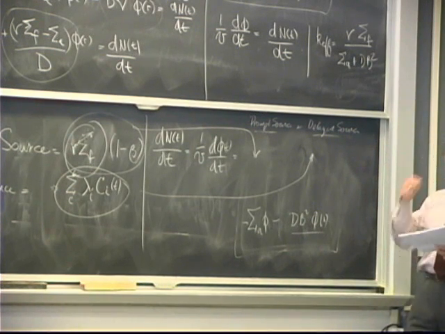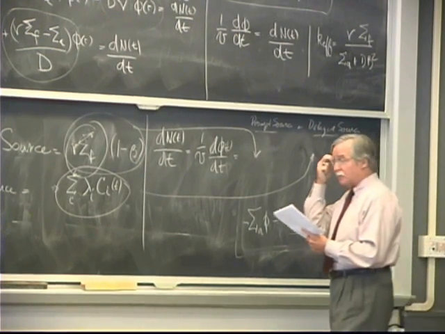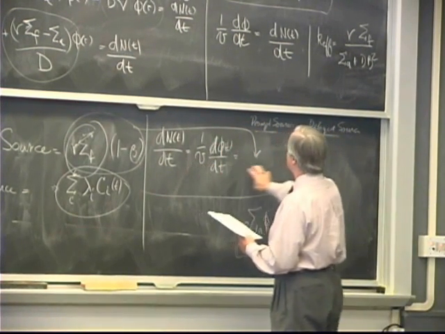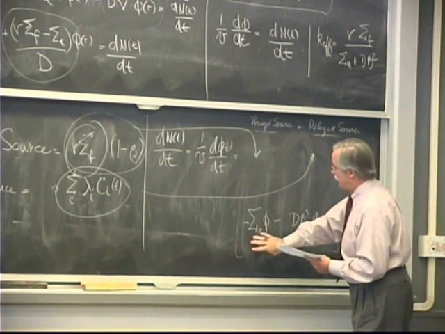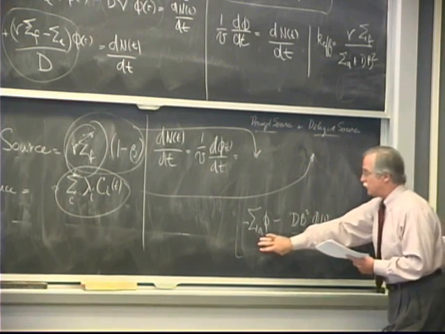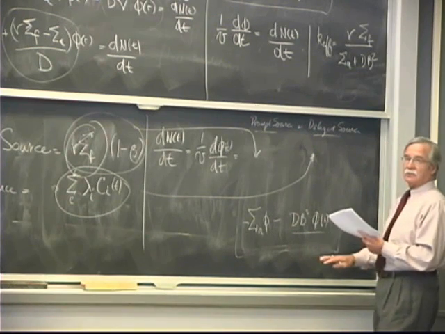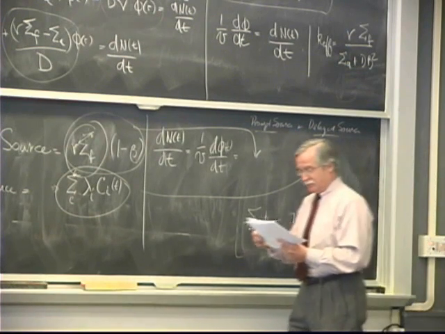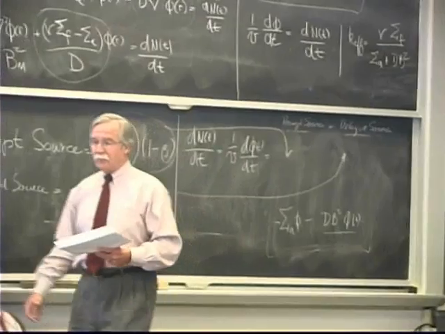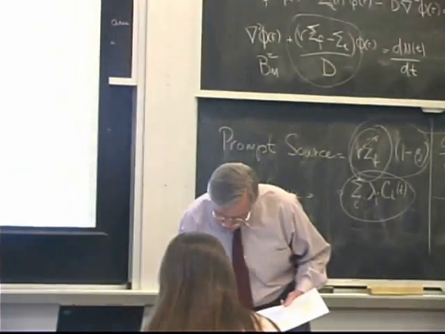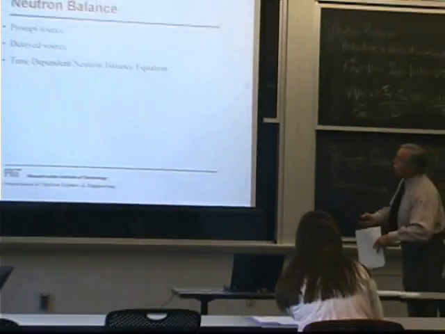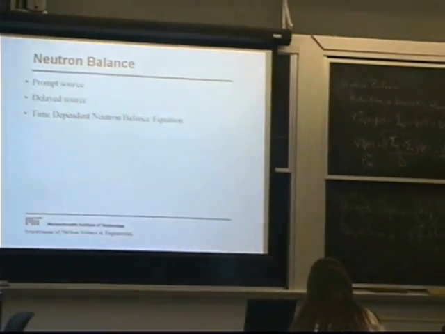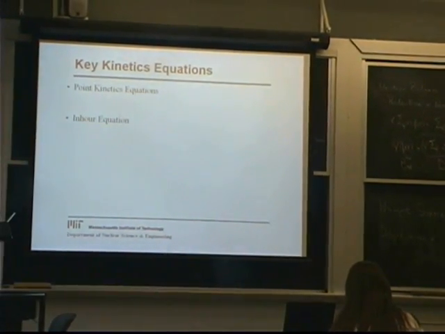You now have essentially the full time-dependent neutron equation, considering prompt plus delayed neutrons minus absorption, minus leakage. That's the balance. Now, if we were to simply say, okay, that's all we need to know, we'd be relatively happy. So we've just written the time-dependent neutron equation.